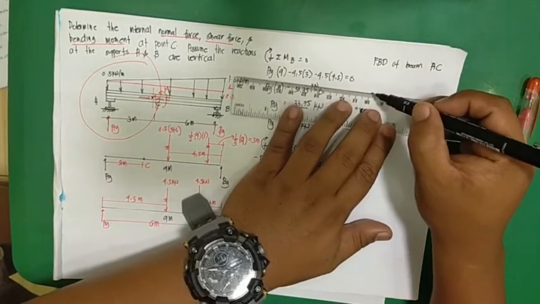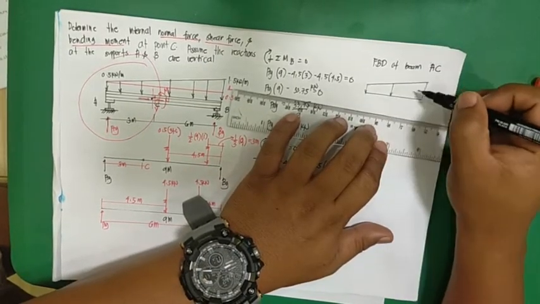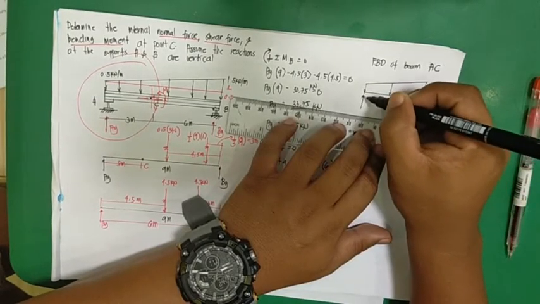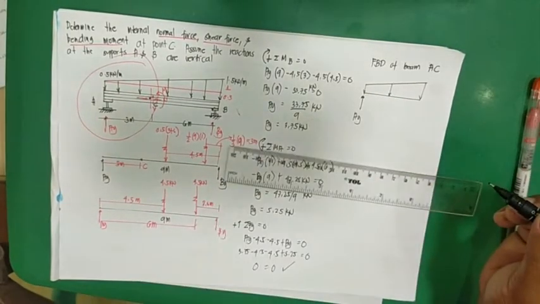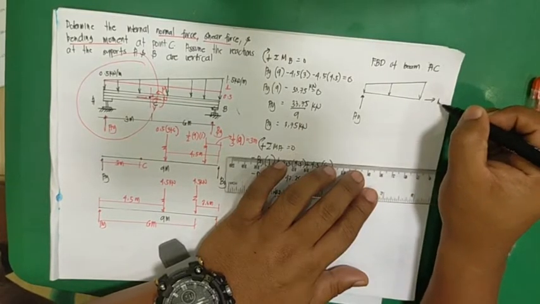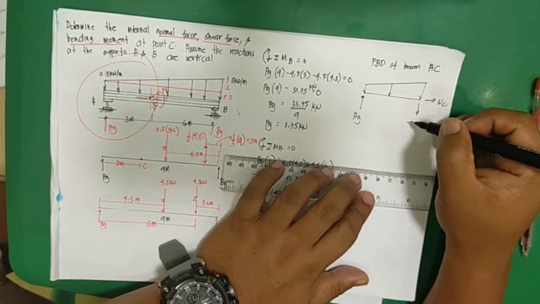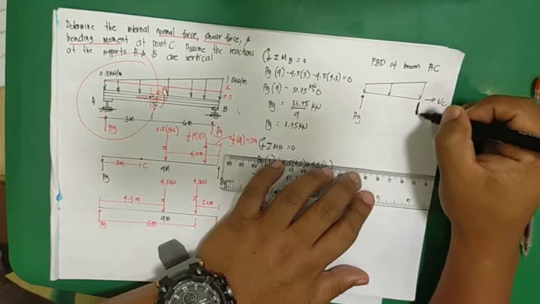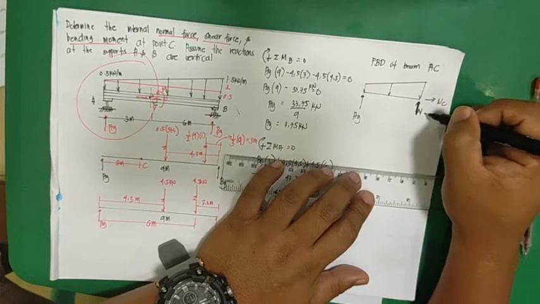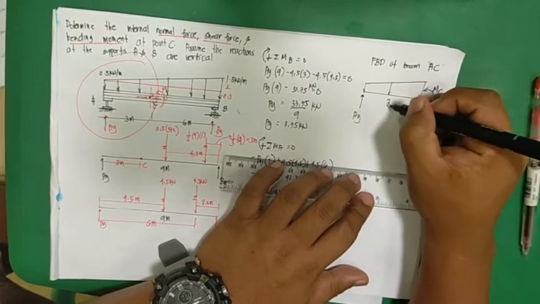So, what will happen is that you have here AY, normal force at C, shear at C. Then you have also moment at C located at 3 meters.